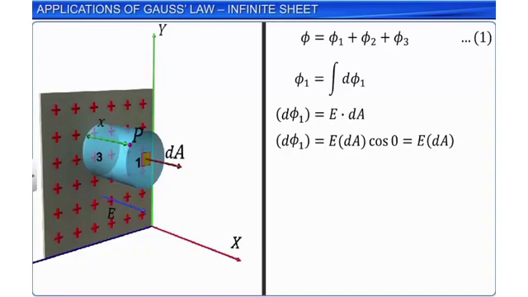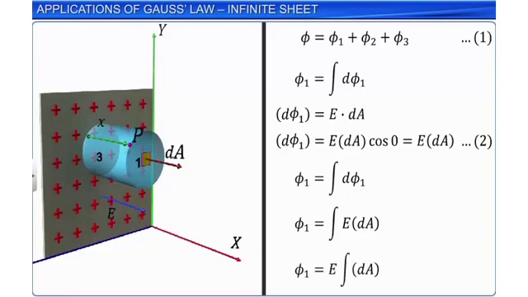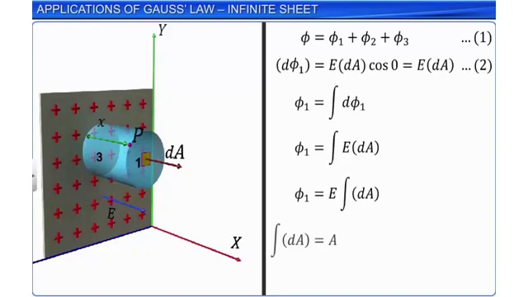It is important to note that E is constant in magnitude for all points on S1. Now, phi 1 is equal to integral EdA. Since E is a constant, it is taken out of the integral. Then, phi 1 is equal to E into integral dA. Integral dA is equal to A, where A is the area of S1.